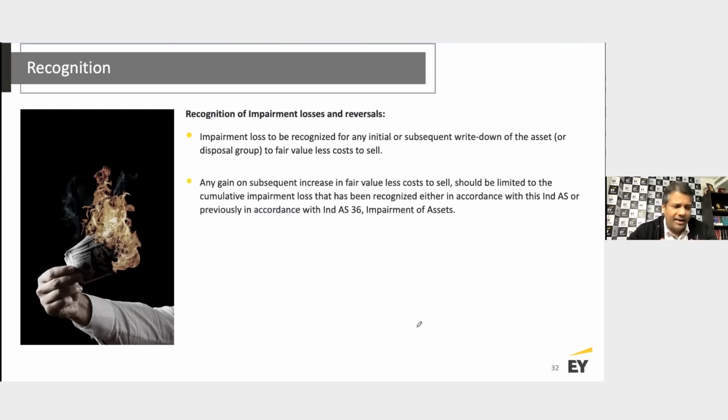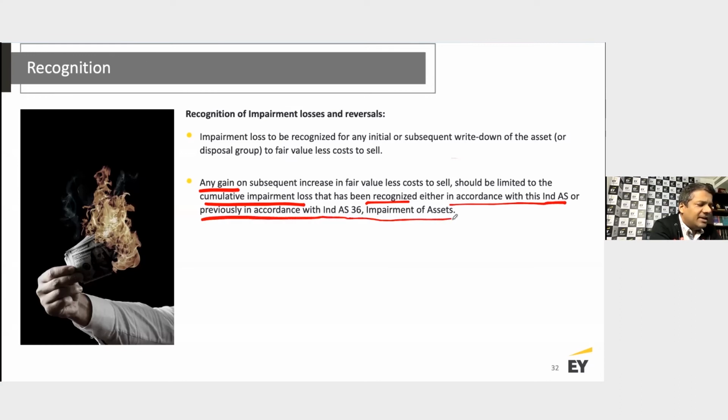Any gain, and this is important, on a subsequent increase in fair value less cost to sell should be limited to the cumulative impairment loss that has been recognized either in accordance with this Ind AS or previously in accordance with Ind AS 36 Impairment of Assets. So you can possibly reverse the unrealized losses which you have recorded, but in no situation are you allowed to record an unrealized gain. Okay.